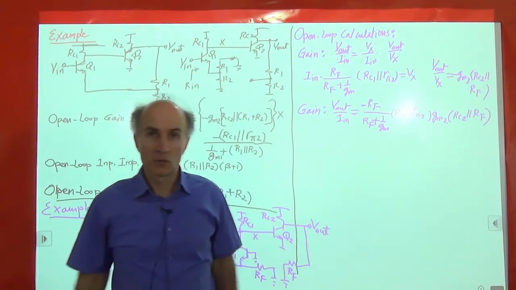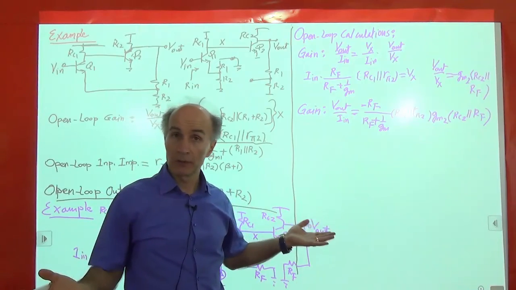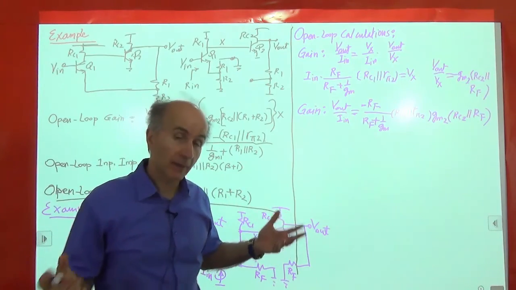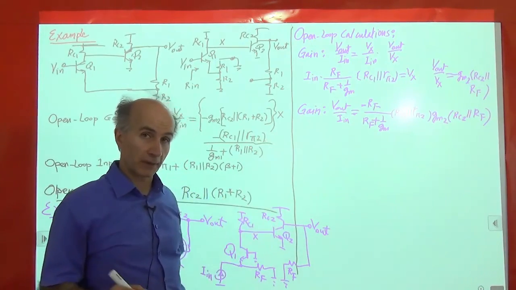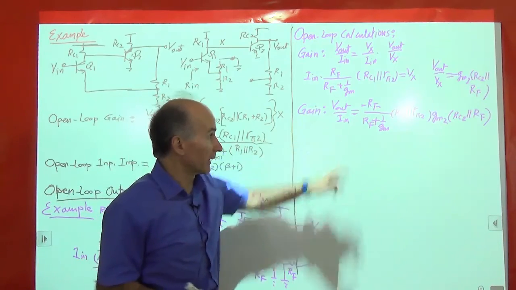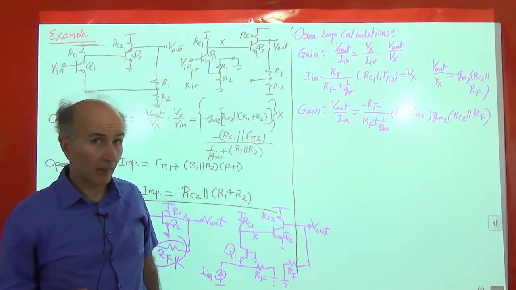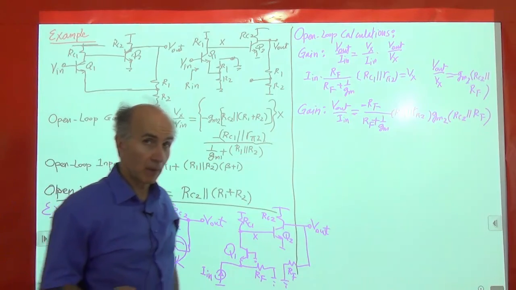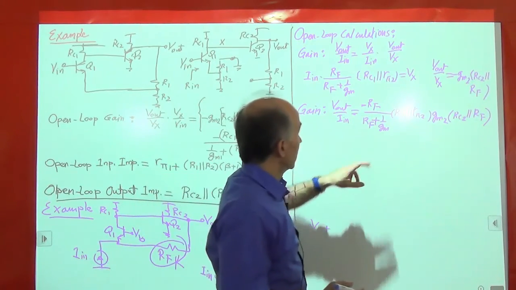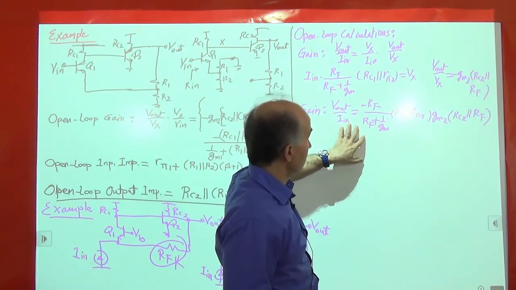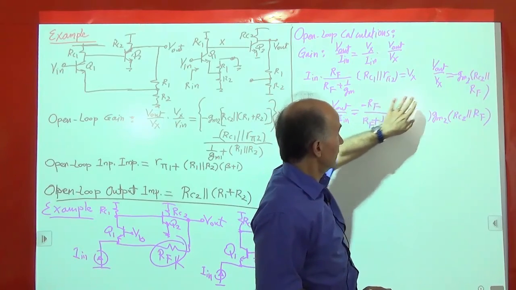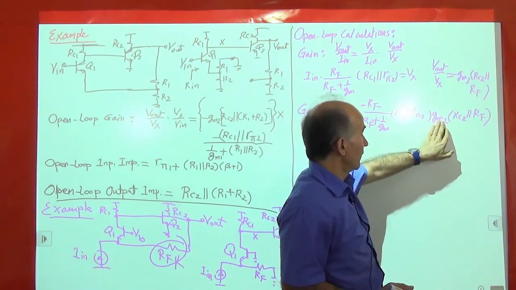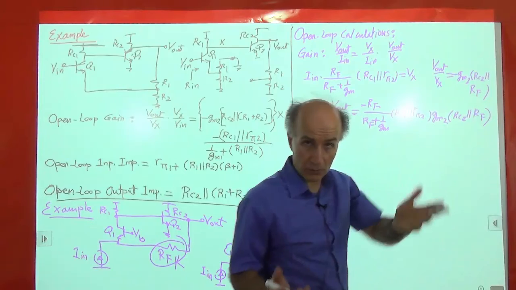All right, so that's the open loop transimpedance gain of the circuit, V out over I in. It's always good to check the dimensions to make sure the final result is correct, right? The dimension should be resistance. This has no dimension. This is resistance. This is 1 over resistance. That's resistance. So it is correct.